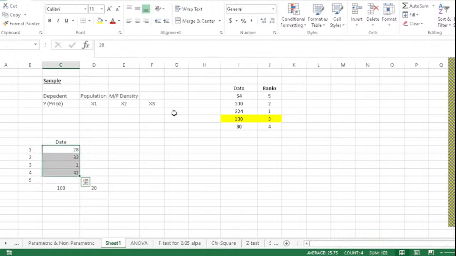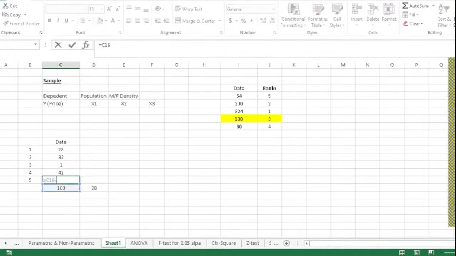The way I put the first 4 values freely, I cannot put the fifth value freely because I have a constraint that the sum of these 5 numbers is 100. So the fifth value has to be 100 minus the sum of these numbers, whatever it be. It came out to be minus 3, right?